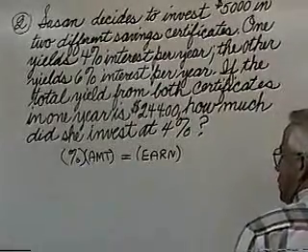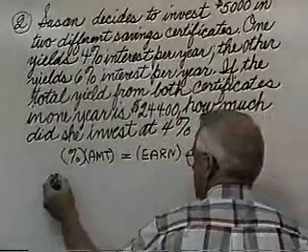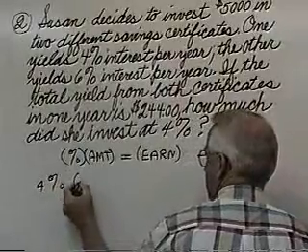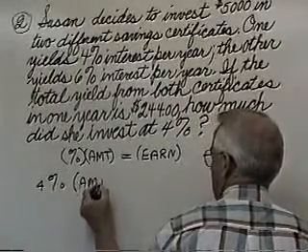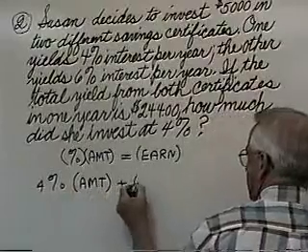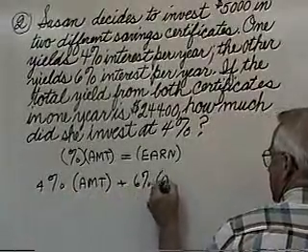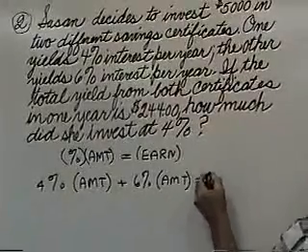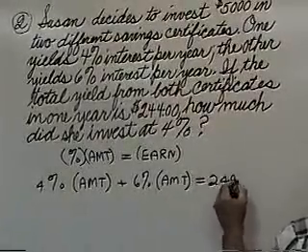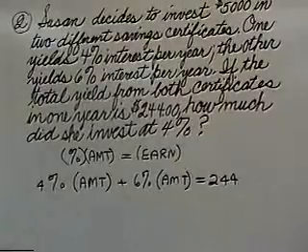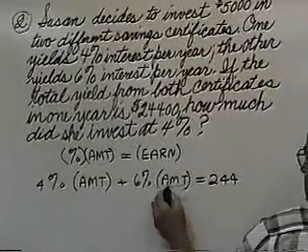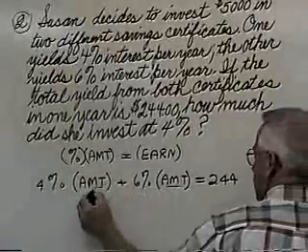All right. So our question then is 4% of the amount plus 6% of the amount is $244. Well, these 2 things are different things.